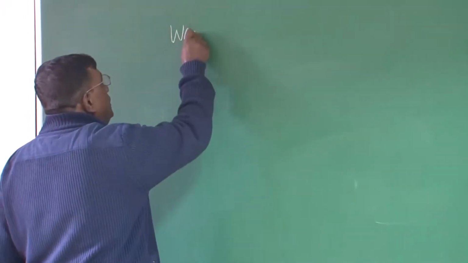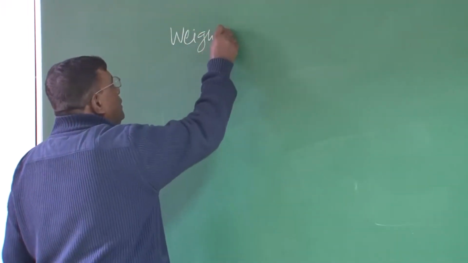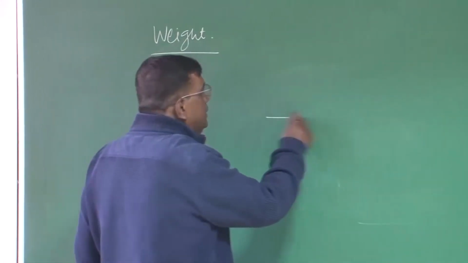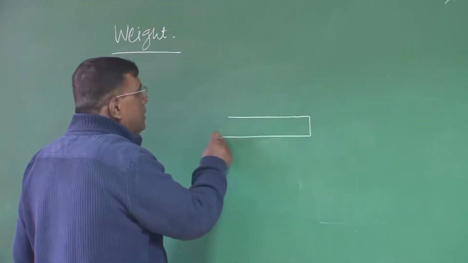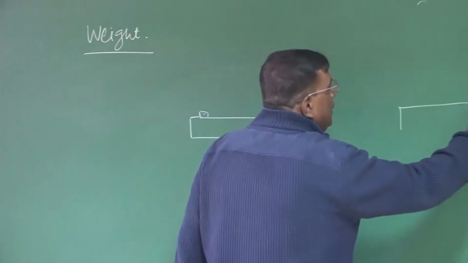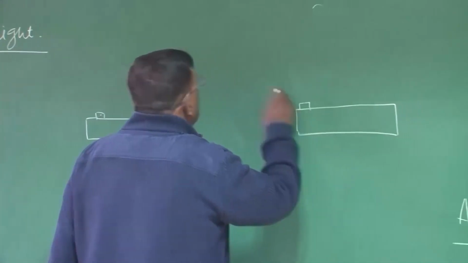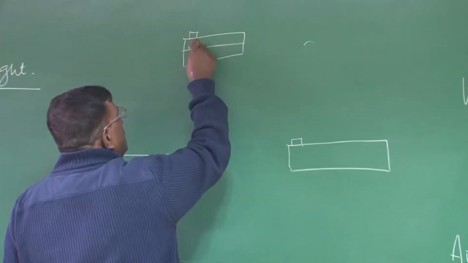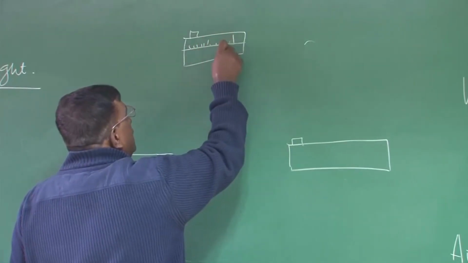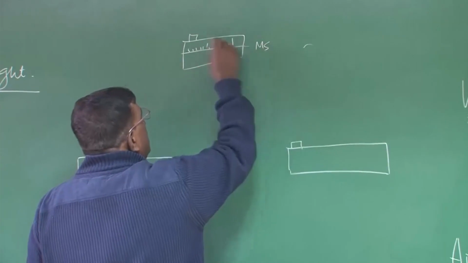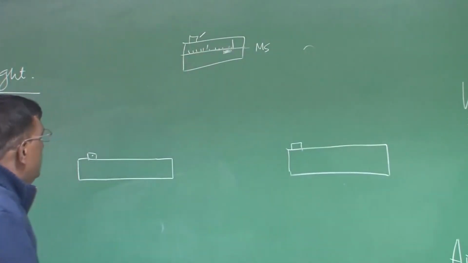Weight is extremely simple. We have a 3-vernier setup, and I will be showing you a demo also. It is like this: this is the main scale of the vernier, and this is the finer scale.